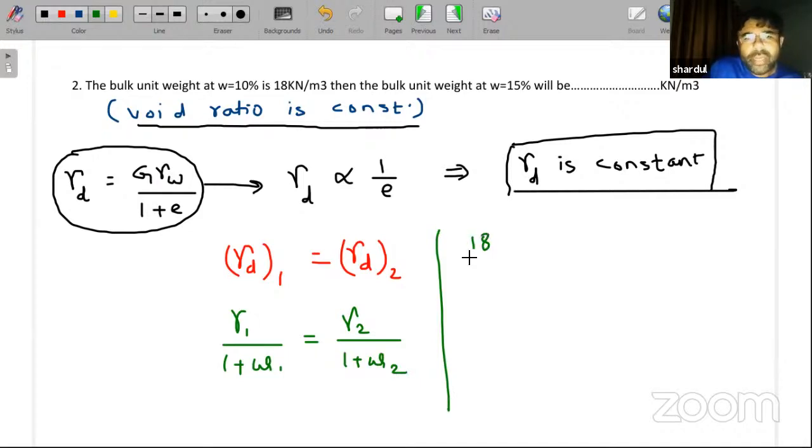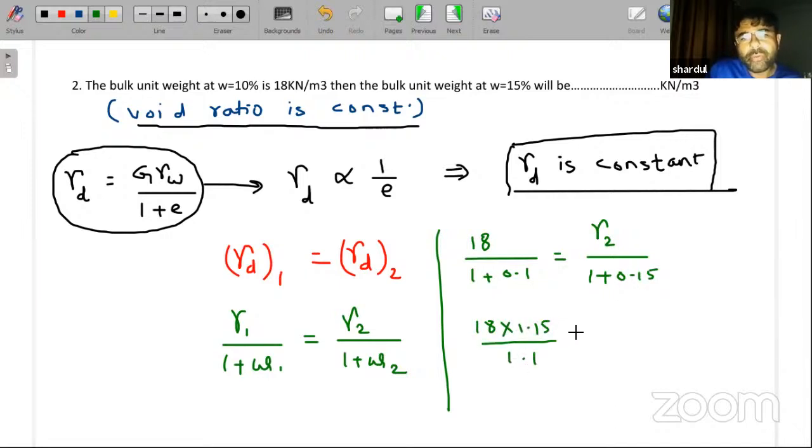Gamma 1 is 18 when the water content was 10%. You have to calculate the new bulk unit weight when the water content was 15%. So it will become 18 into 1.15 upon 1.1, that will give you the value of gamma 2. So gamma 2 will come out to be 18 into 1.15 divided by 1.1.